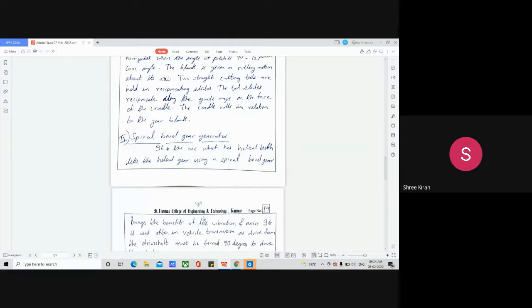Using a spiral bevel gear brings the benefits of less vibration and noise.